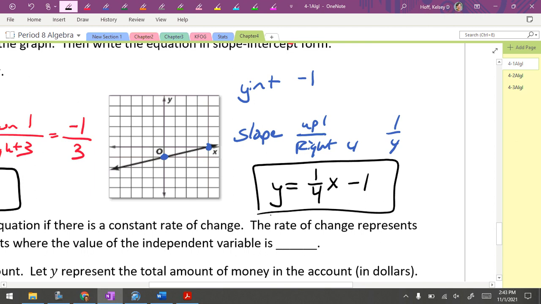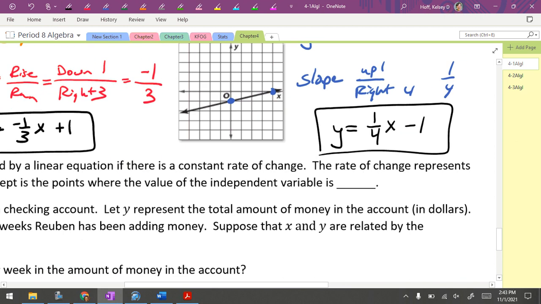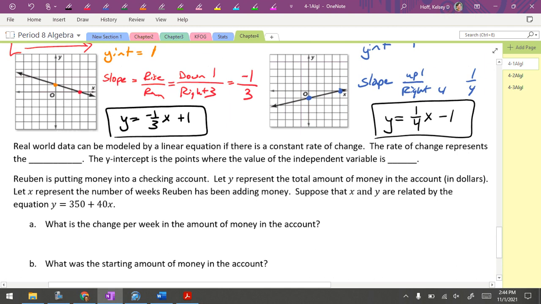Okay, so the last piece of this is like the interpret piece. What does it mean for a slope to occur? What does that y-intercept mean? So when you can model data by a linear equation, that means there's a constant rate of change. So the constant rate of change represents the slope.